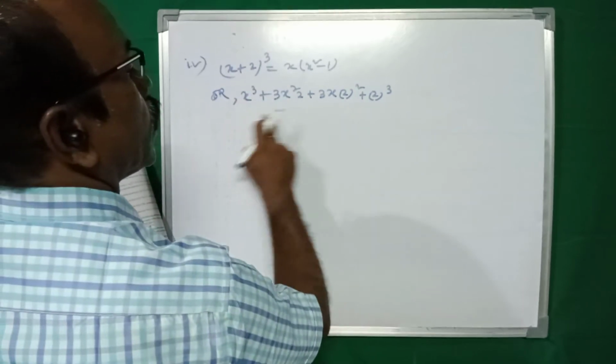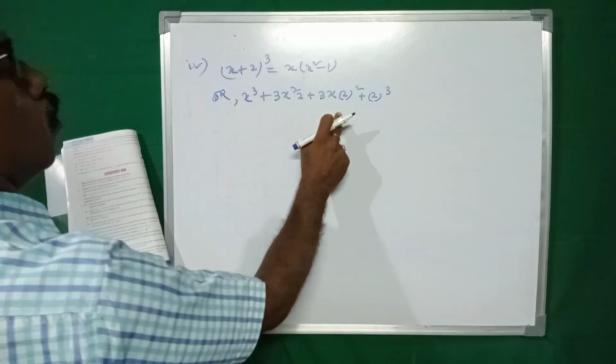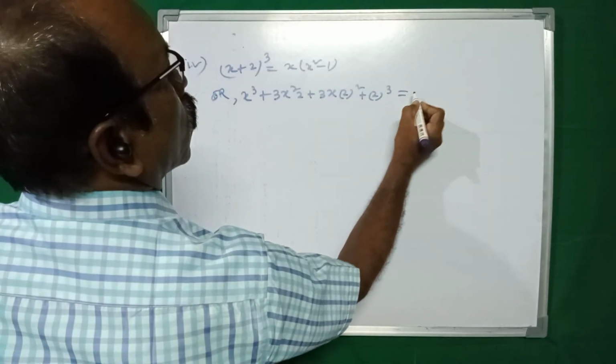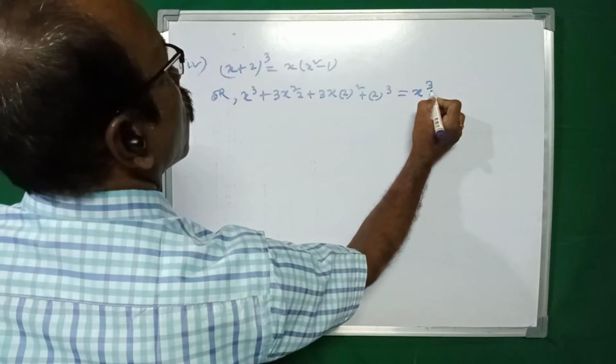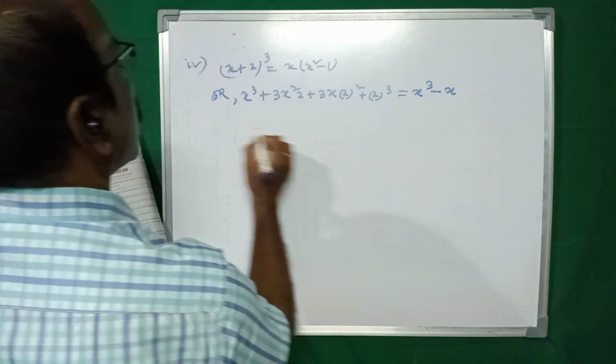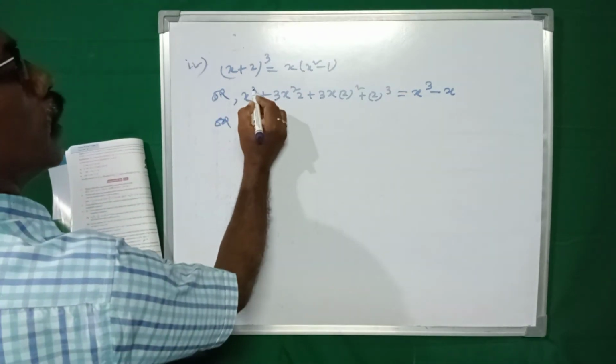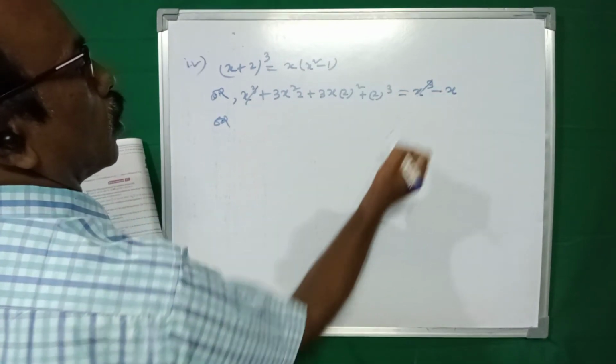We use this formula: x cube minus x, and x cube cancels on both sides.